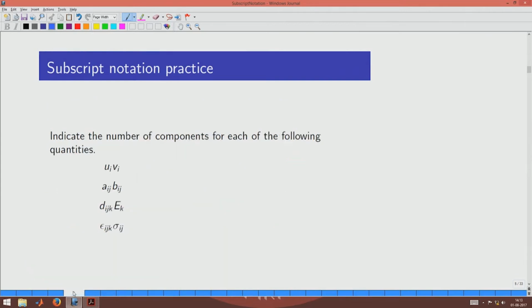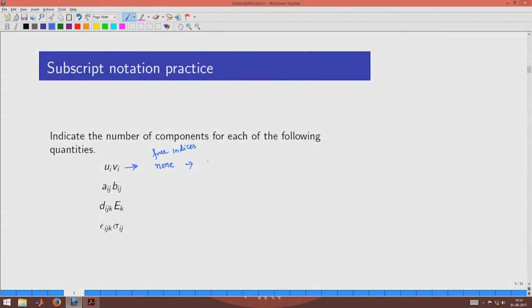So we now go further to practice further. Now we have not one parameter, but we have two parameters. Look at the first expression and analyze what is required. You have ui and vi. How many free indices or free subscripts are there? None, because both are repeated.